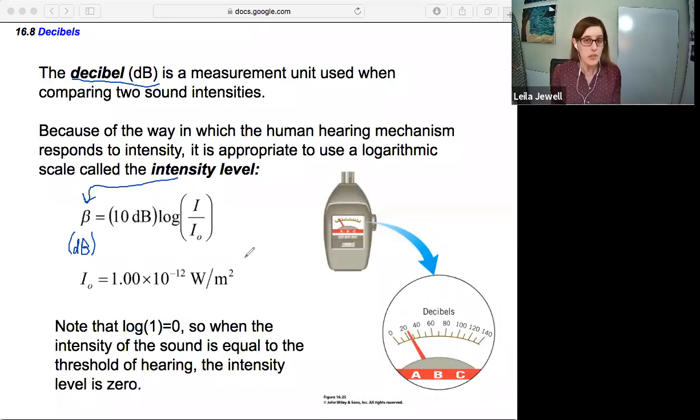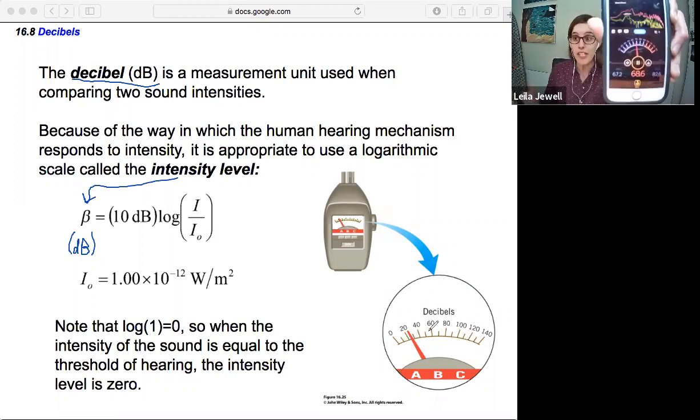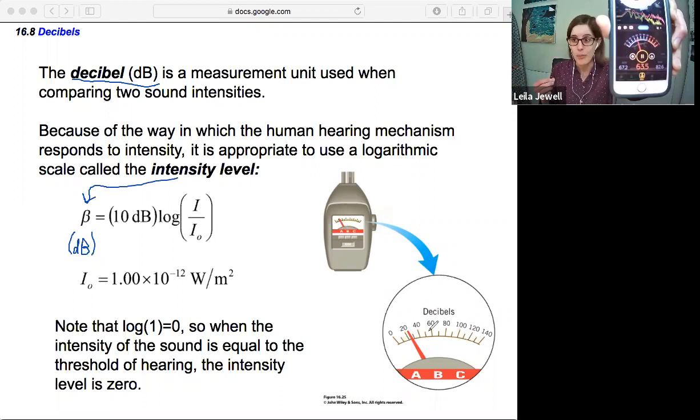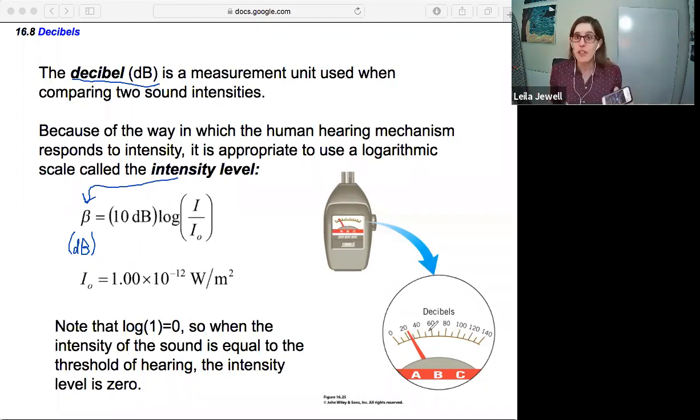This is what's measured if you've ever seen a decibel meter. It looks something like this, where there's a scale with a number of decibels. You can get apps for your phone that measure the decibels they're picking up based upon the sounds coming in. If it's really quiet, it is a lower number of decibels. That number is just giving you the intensity level.